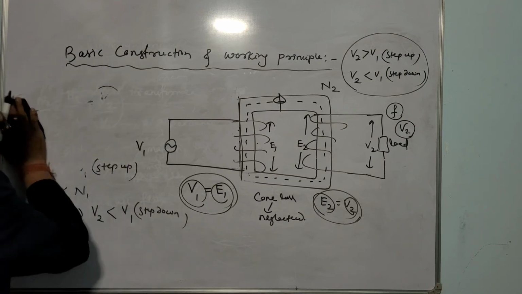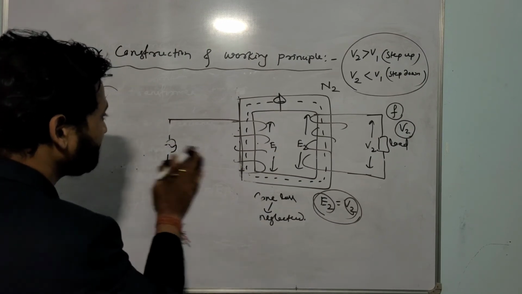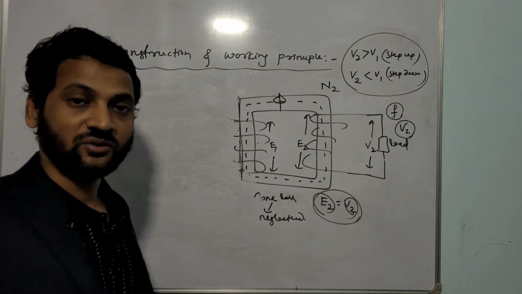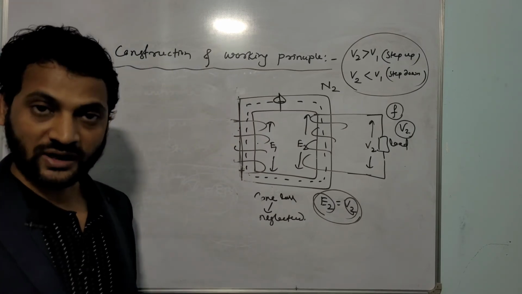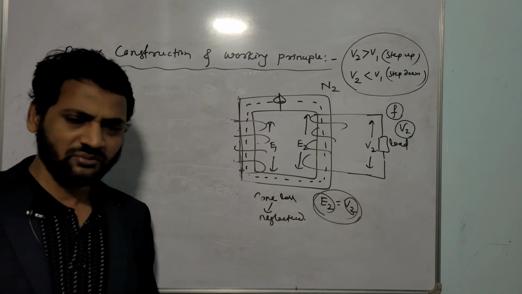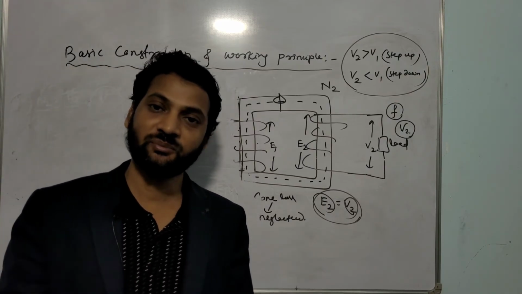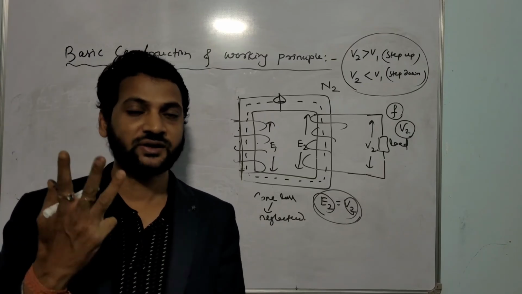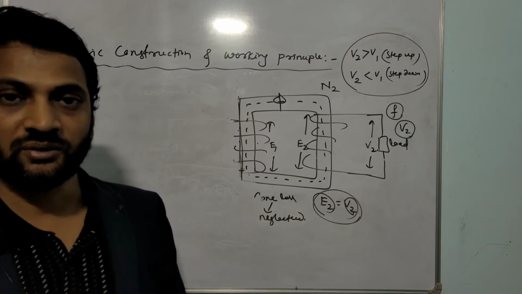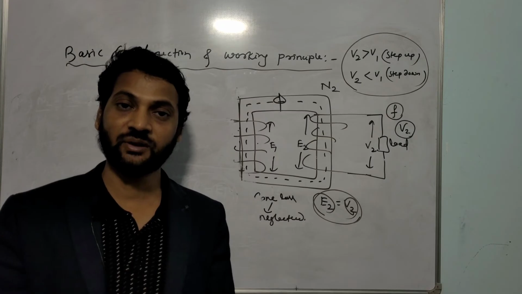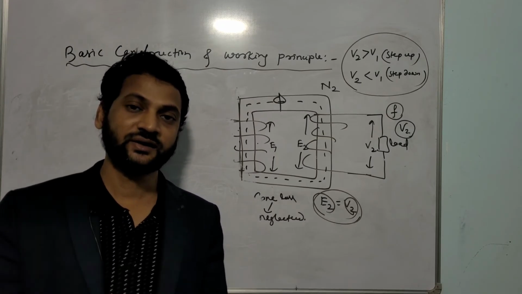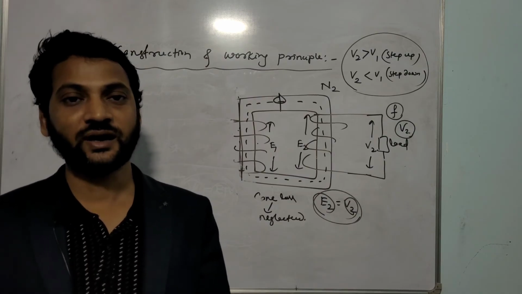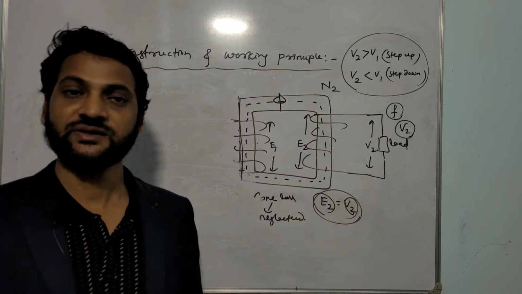Clear? Okay. One more thing you remember, last point: the power of a transformer is always rated in kVA, kilovolt ampere. You might know there are three types of power: active power, reactive power, and apparent power. Active power is VI cos phi, reactive power is VI sin phi, and the vector sum of active power and reactive power will be apparent power, that is VI.